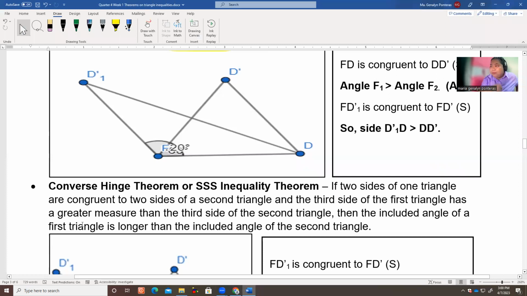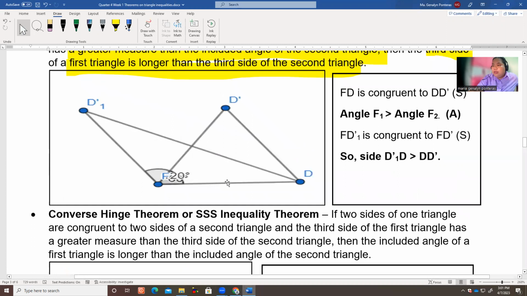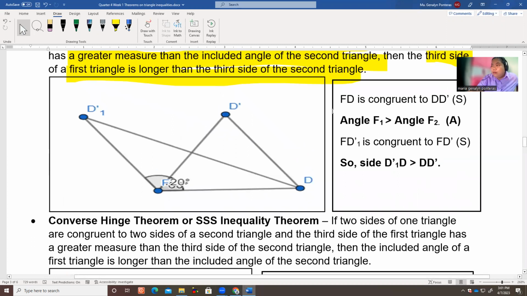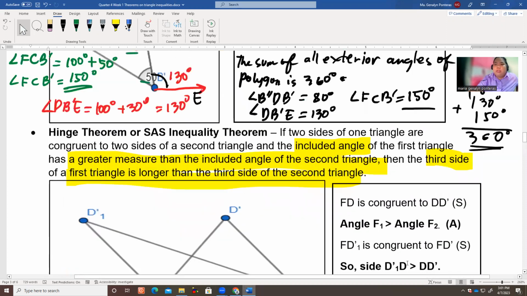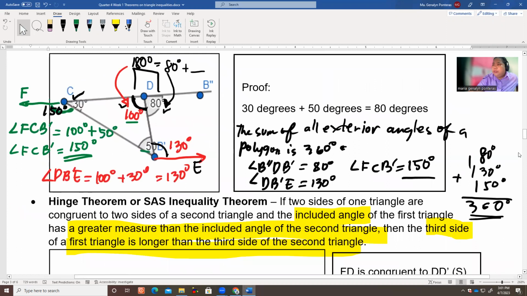So, pag ginalaw mo yung third side, either less than or greater than sa first triangle, yung included angle, yung opposite angle na included, that would be greater than or less than also. So, in Hinge theorem naman, pag ginalaw natin yung included angle ng SAS congruence postulate ng dalawang triangles, either less than or greater than, magiging less than or greater than din yung third side, yung opposite ng included angle, which is the third side of the triangle.